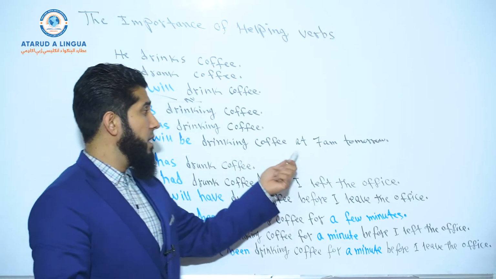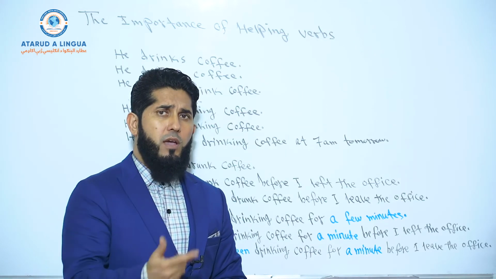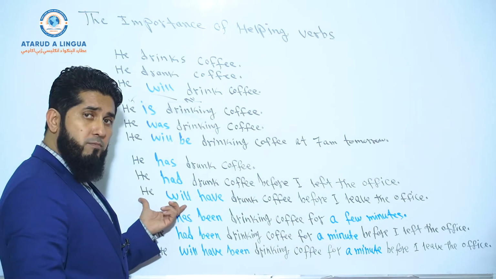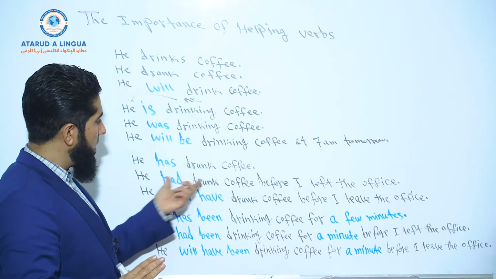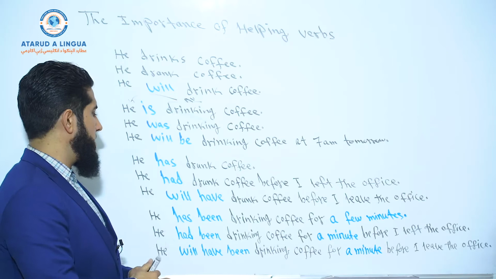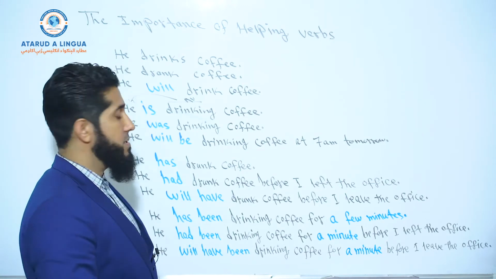He will be drinking coffee before I see him, before I enter the office, or something like that. And then we have three simple perfect tenses. He has drunk coffee. He had drunk coffee before I left the office. He will have drunk coffee before I leave the office.